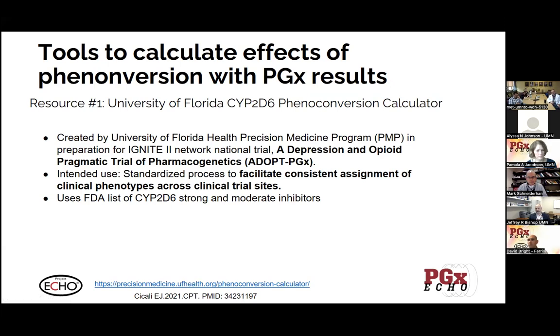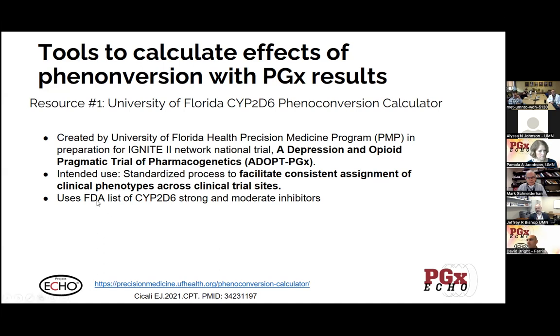That's important to recognize, but its utility may be a bit broader. If you have CYP2D6 genotypes and you want to see to the extent to which it may involve a phenoconversion with other medications, this cool tool could be a resource to explore.